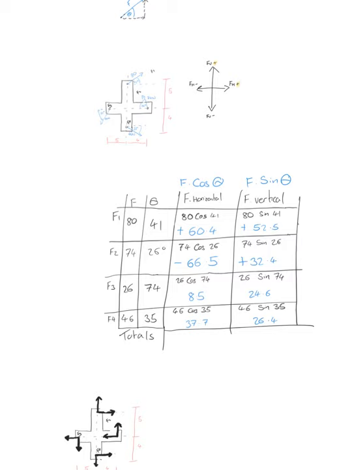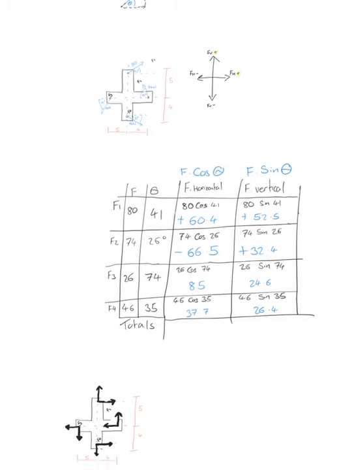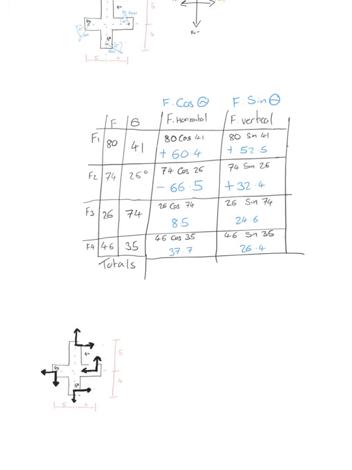For F3, horizontal and vertical, I'm going left and I'm going down, so both of these are going to be negative. For F4, I'm going to the right horizontally, so positive in the horizontal, but I'm going down vertically, so negative in the vertical. Now all I do is get the sum of these horizontals and verticals, and that lets me find the resultant.